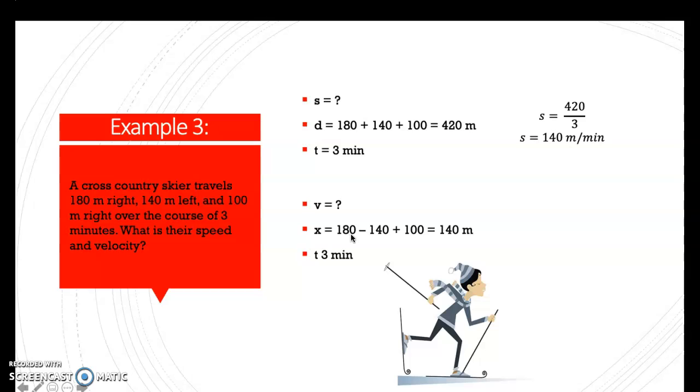So 180 to the right is positive, minus 140 because it's to the left, plus 100 to the right gives me a total displacement of 140 meters, and then my time is 3 minutes. So when I substitute those into my velocity equation, my velocity is 140 divided by 3. So my velocity is 46.7 meters per minute. So there is a pretty big difference between my speed and my velocity, and that is because there were direction changes within the problem.